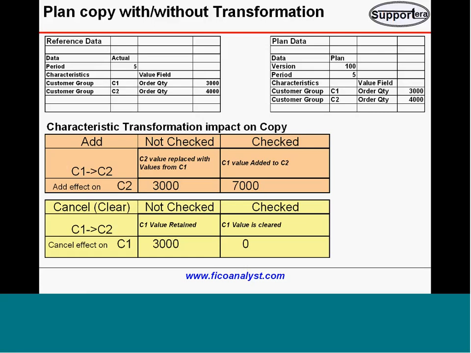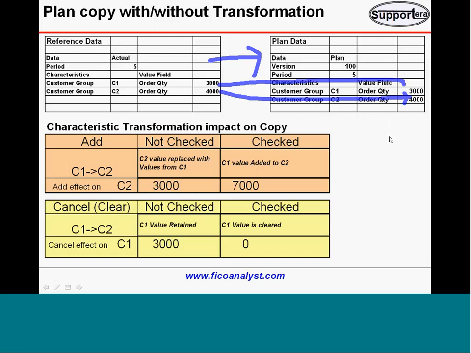Right now, what we did is we did not do anything on this transformation. We just took the reference data and copied it into the plan data. That is the reason 3000 came as 3000 here, and 4000 came as 4000 here. That was simple and straightforward.